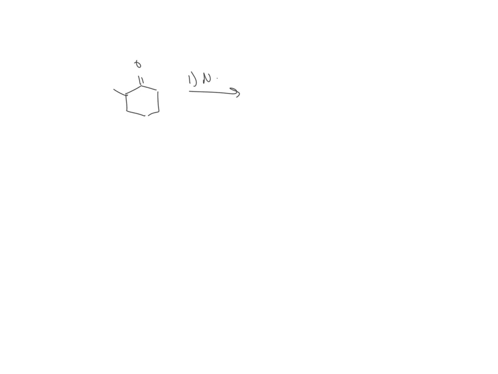Right, so let's say instead I had NaNH2, and then in the second step we added this 1, 2, 3, 4, 5, this pentyl iodide, or 1-iodopentane. Right, again, so now the idea here is this is a small base, so it's going to go kinetic, or in other words, the more substituted one, right?